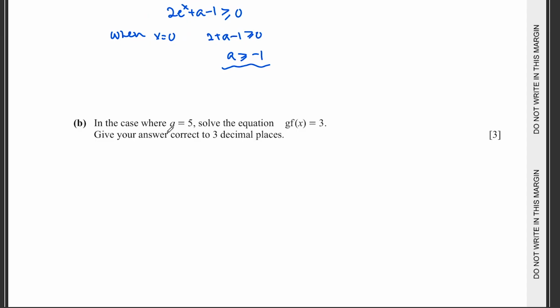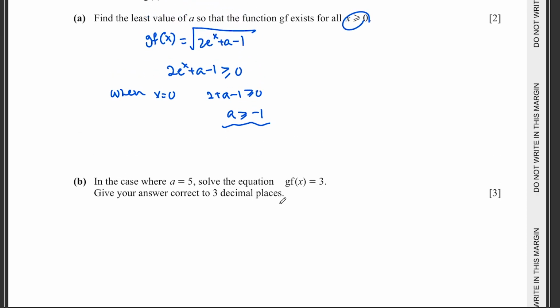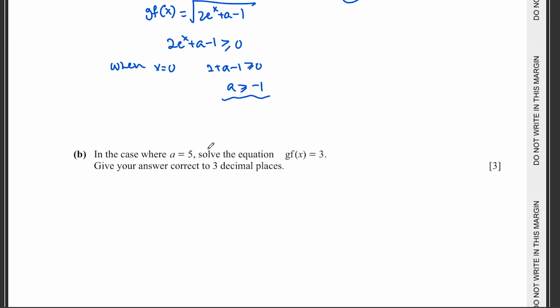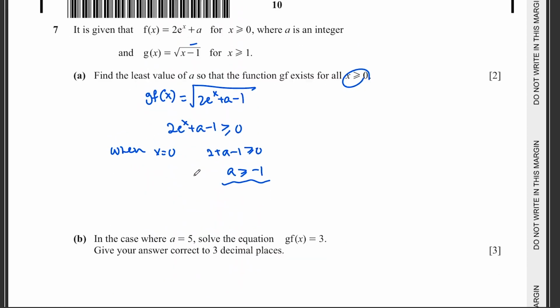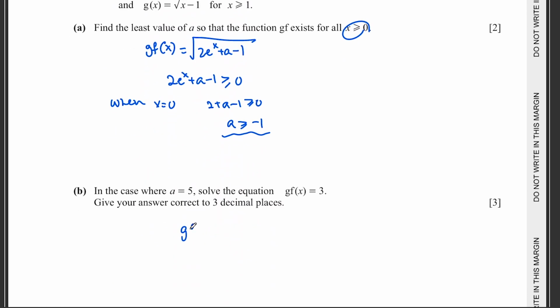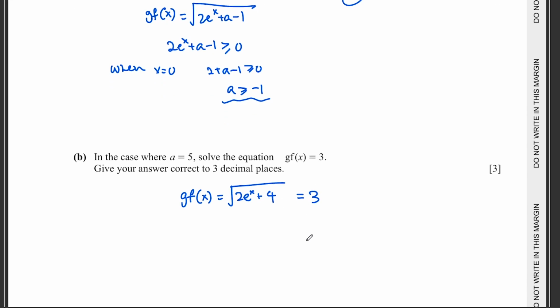In the case where a equals 5, solve the equation gf equals 3. Give your answer to 3 decimal places. So we can write the composite back here, and I'm just going to directly replace a with 5. So this is the function, and we know that its value is 3 at this point.